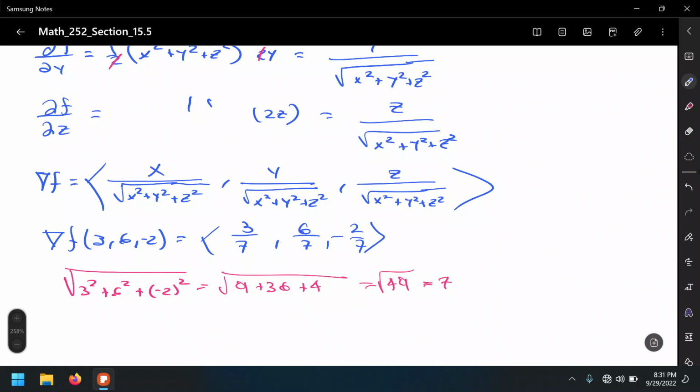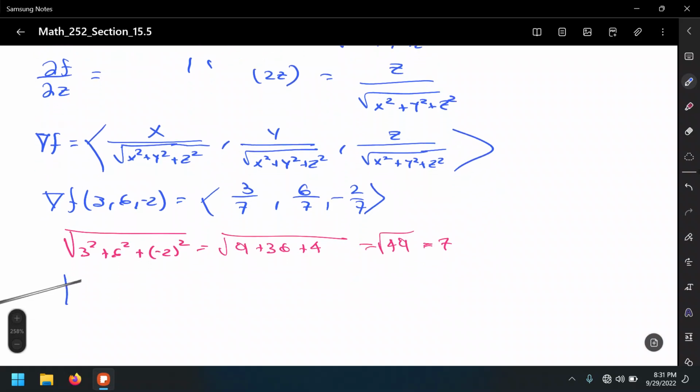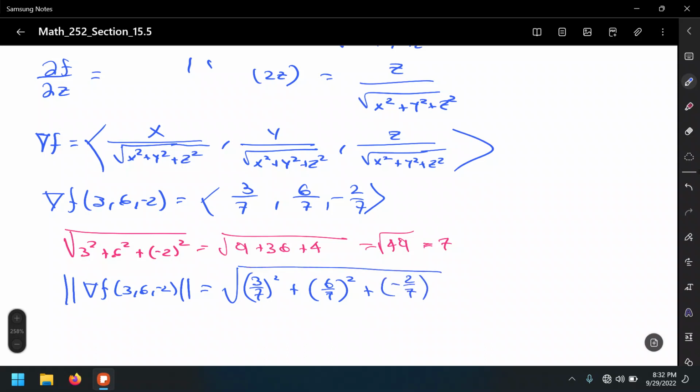And so that's the direction we have to go in order to get the highest rate of change. And now they're asking us, what's that value of the rate of change? Well, find the magnitude of the vector. In this case, the square root of (3 over 7) squared plus (6 over 7) squared plus (negative 2 over 7) squared.